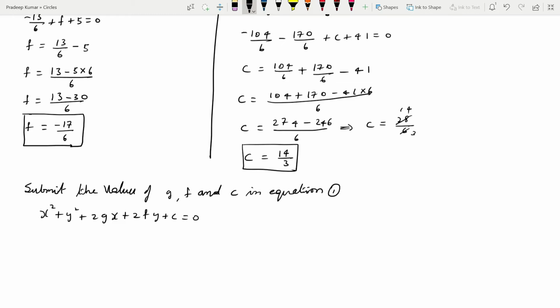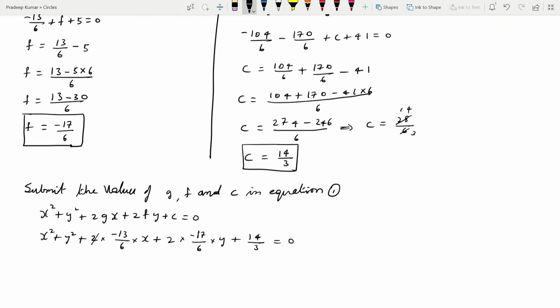So here I'm just substituting the values, that is x square plus y square plus 2 into the g value, which is minus 13 by 6, into x, plus 2 into the f value, which is minus 17 by 6, into y, plus, whereas the c value also we got, that is 14 by 3, equal to 0. So let's solve this.